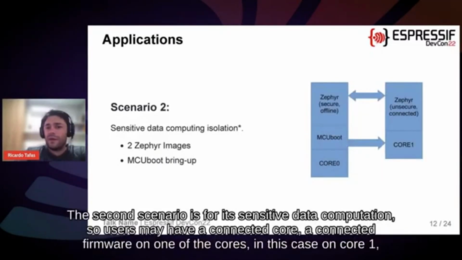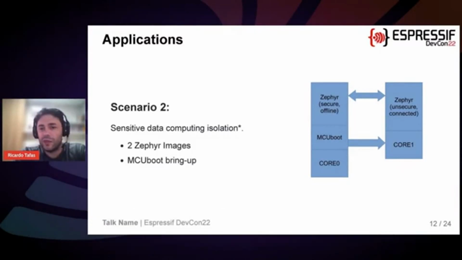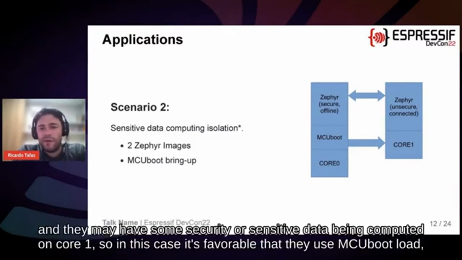The second scenario is for sensitive data computation. So users may have a connected firmware on one of the cores, in this case on core 1, and they may have some security or sensitive data being computed on core 1.